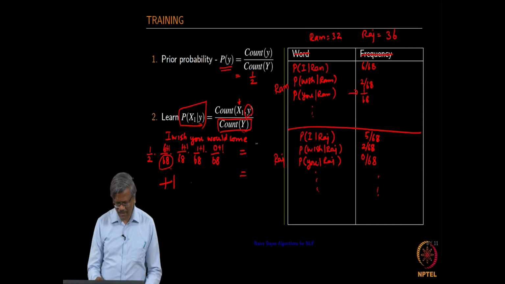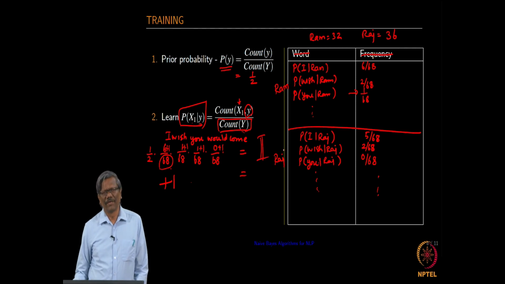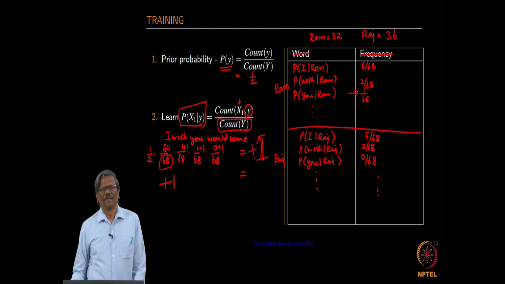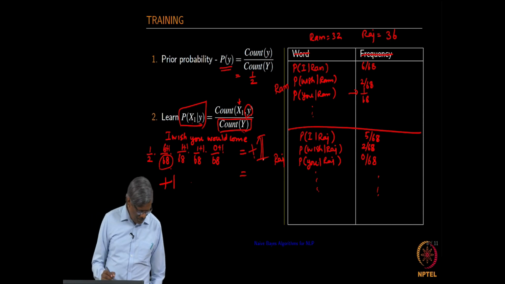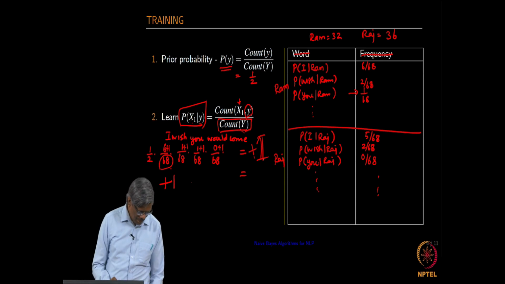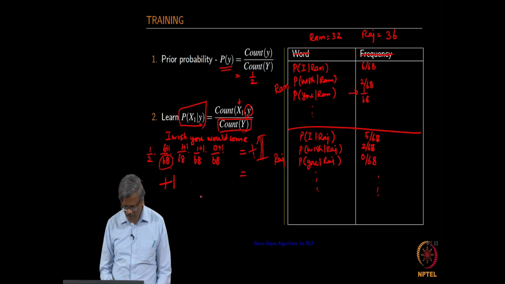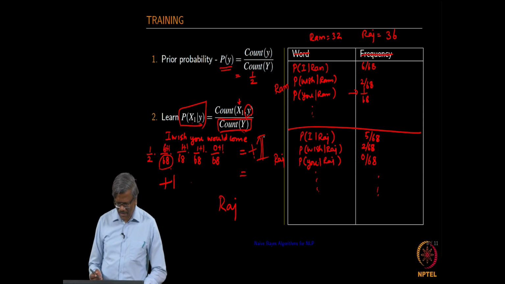So, that is why this kind of smoothing is done, where you add plus 1 to each of the word. Okay. So, in this case once you compute all this, you will find that this mail had come from Raj. Okay, all right. So, is this clear?